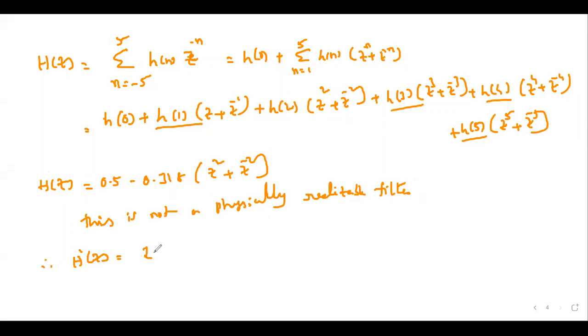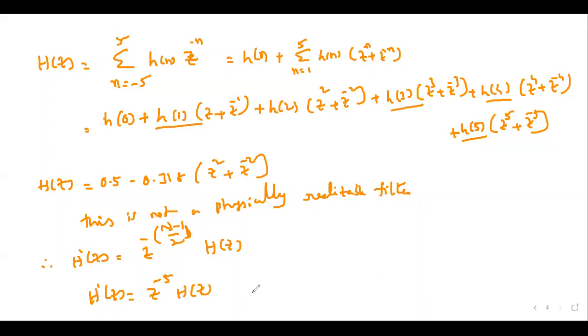That is equal to z power minus of n minus 1 by 2 into h of z. So here n minus 1 by 2 is equal to 5, so z power minus 5 into h of z. This is h dash of z.